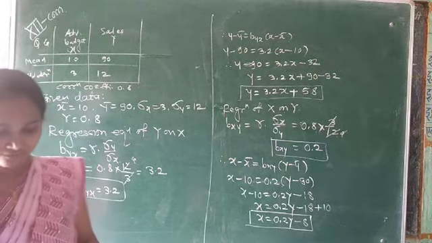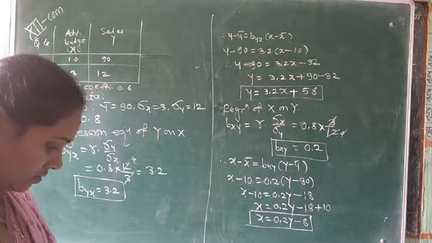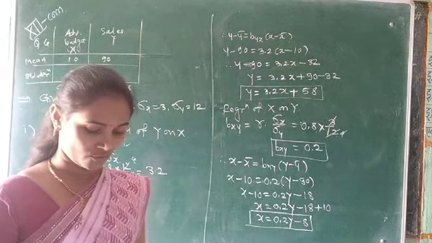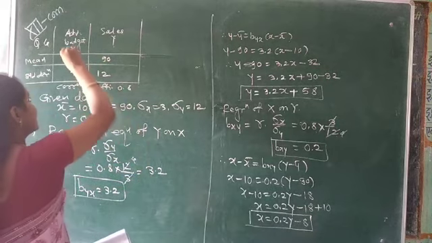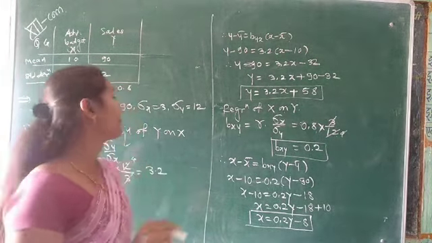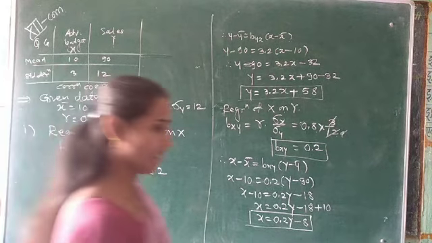So the first question we have solved, that is the two regression equations, y on x and x on y. Now the second question: what is the likely sales when the advertising budget is rupees 15 lakh? Likely sales is y, and advertising budget means x. That means we have to find the value of y when x is equal to 15 lakh.